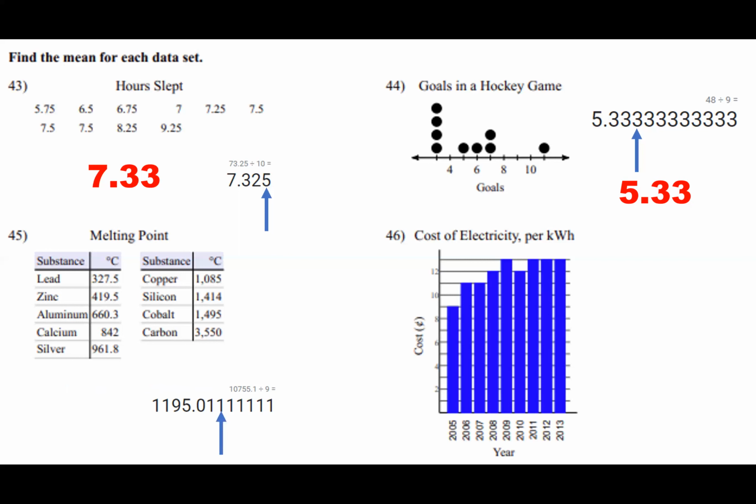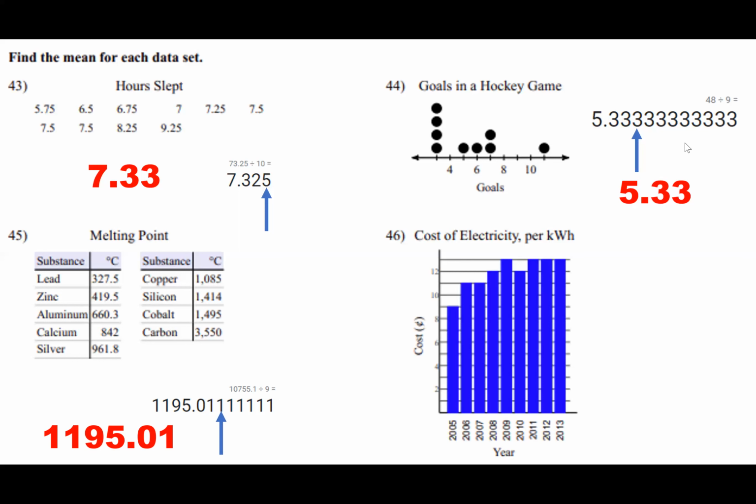It is too small, so I'm just going to ignore this. So my answer would be 1,195.01. Notice how my answers only have 2 decimal places. My calculator, when I'm computing this, gives me a bunch of numbers, but notice how my answers only have 2 decimal places.